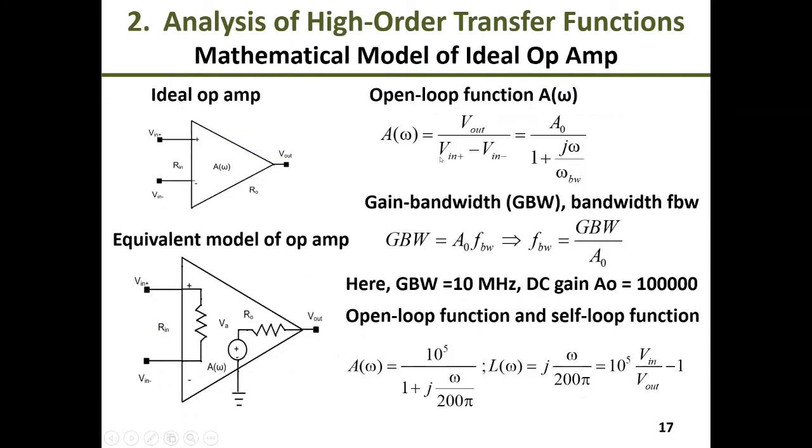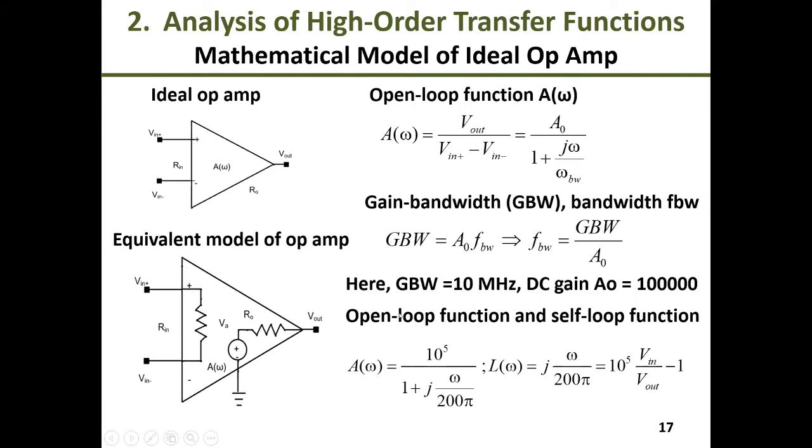And now let me review shortly the behavior of an ideal op-amp. In this work, we design an ideal op-amp with a 10 megahertz gain bandwidth and 100,000 DC gain.